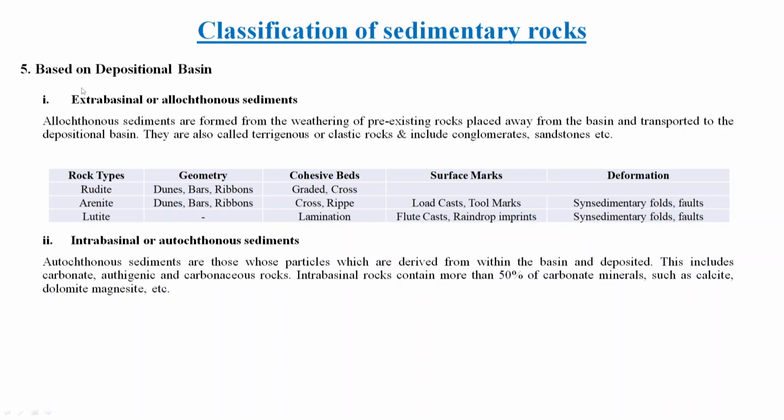So you can relate this with the extrabasinal or allochthonous sediments. They will mainly give you dominantly clastic sedimentary rock. In case of intrabasinal or autochthonous sediments, they will mainly give you non-clastic sedimentary rocks.